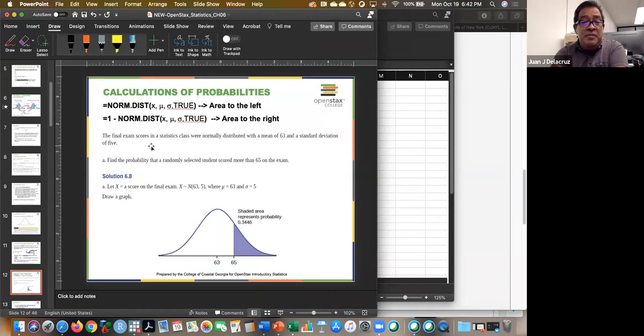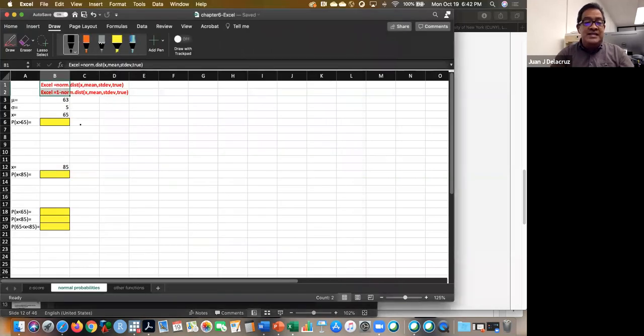Find the probability that a randomly selected student scored more than 65. So remember, in this case, it is more than 65. We are going to use this formula because we want to know the normal distribution, and we are going to find the area that lies.